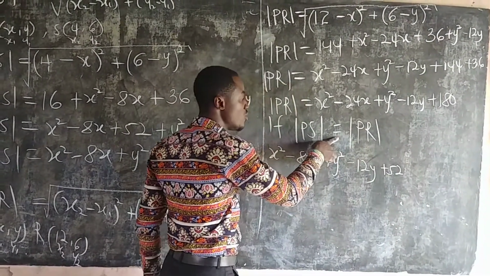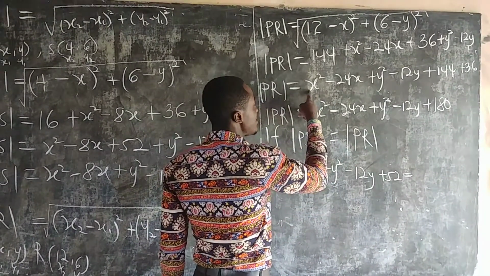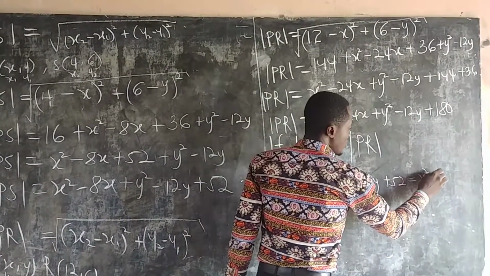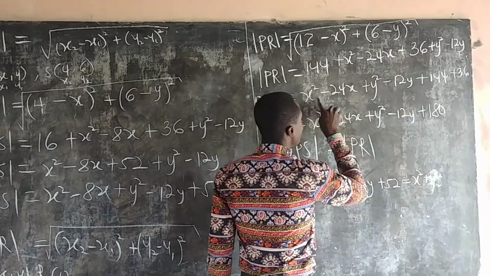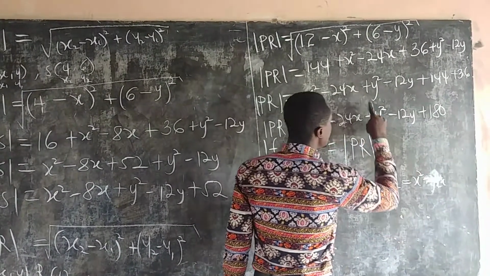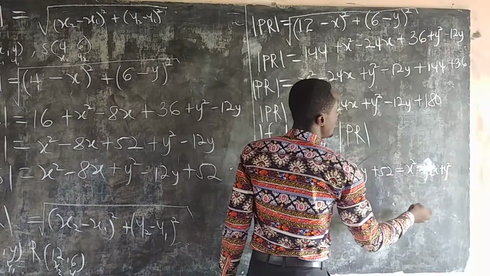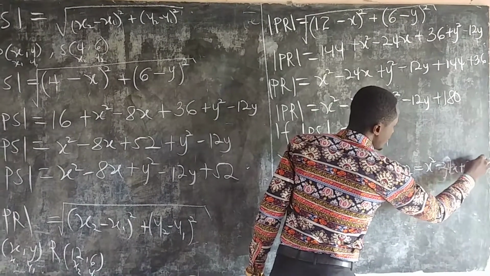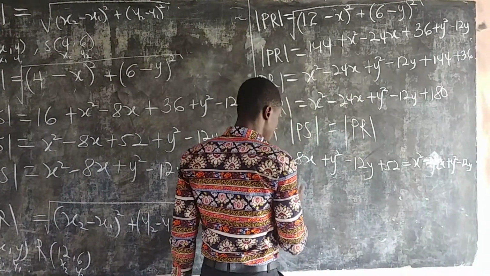Then you bring the equal sign. This will be equal to PR. It is just here. So x squared minus 24x plus y squared minus 12y plus 180.